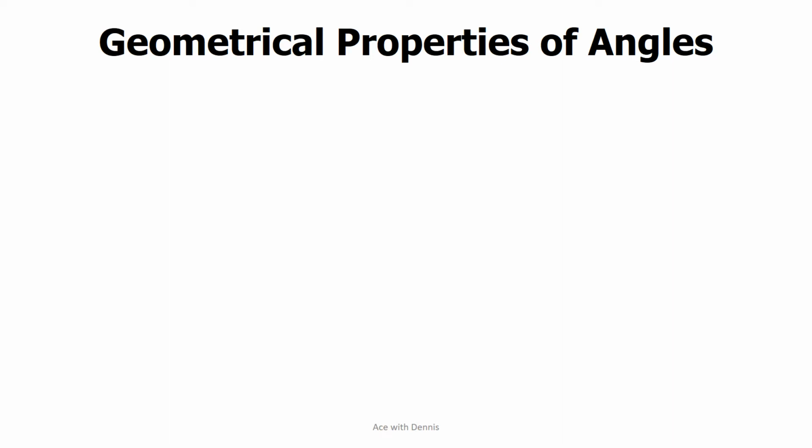Let's revisit geometrical properties of angles. There are a few properties under this topic. The first one is adjacent angles on a straight line, or when you write this property in your answer, you can write this short form, adj. angles on a str. line, which represents the title of this property.